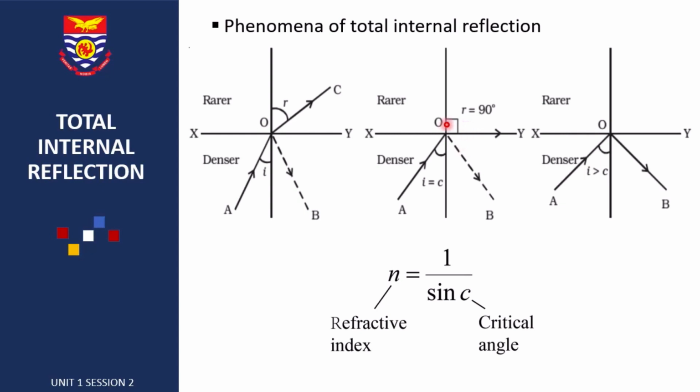But all this while we have to take note that there is a partial reflection going on, and that is the B. So this particular schematic diagram explains the critical angle. So when we have the angle of refraction to be 90, we're saying the incident angle right now is called the critical angle.